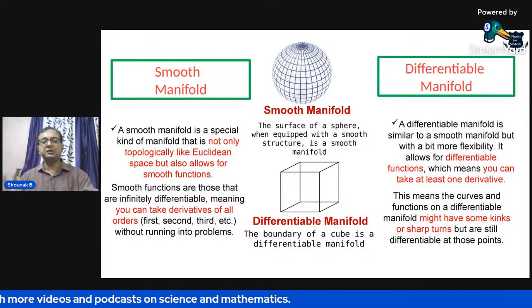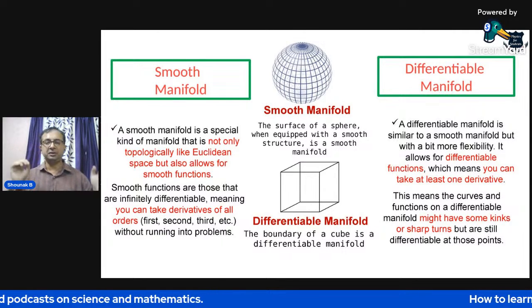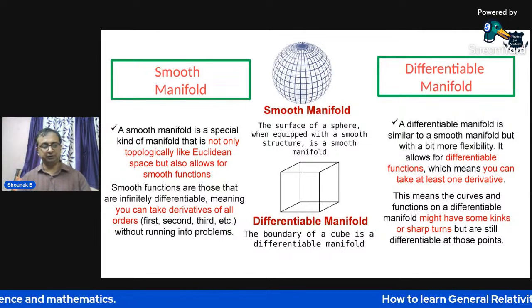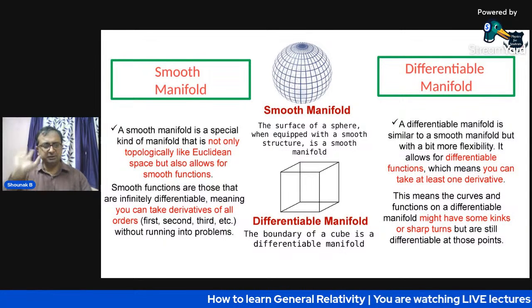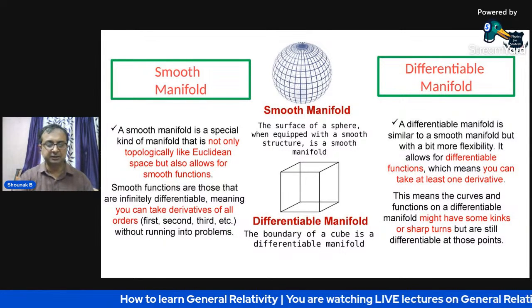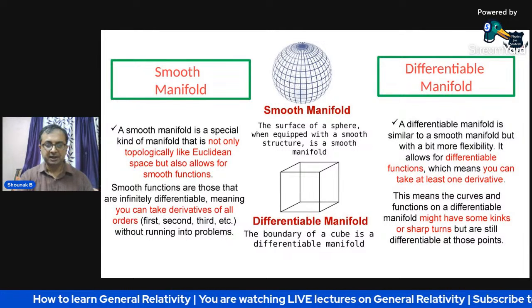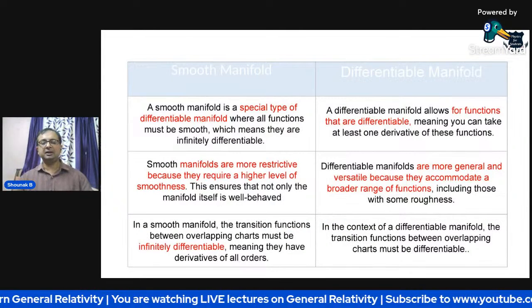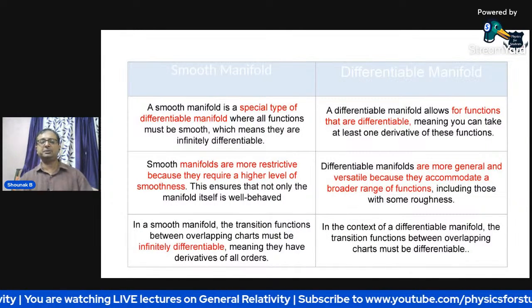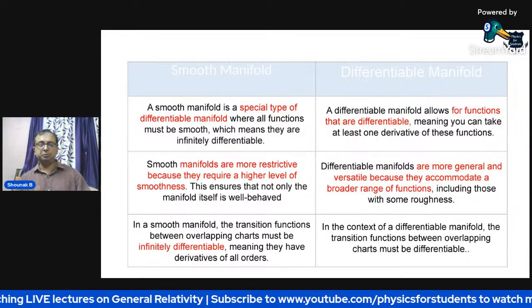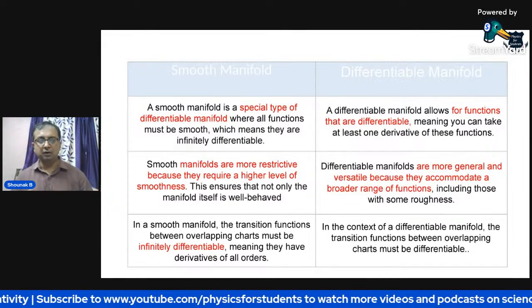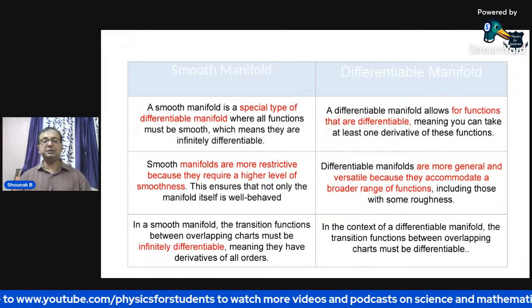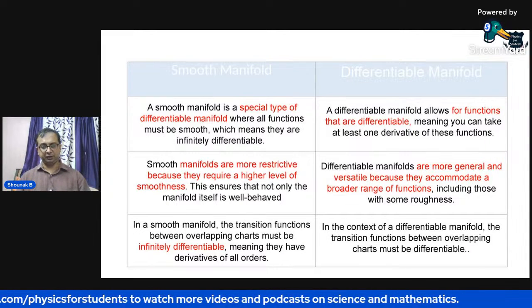So surface of a sphere is a smooth manifold, whereas your cube is a differentiable manifold, because you can see that cube has sharp corners. Let us, for the sake of our understanding right now, let us understand this. Now here you see, here is a kind of a quick understanding of the difference between smooth and differentiable. So smooth manifold is a special type of differentiable manifold where all functions must be smooth, which means that they are infinitely differentiable.